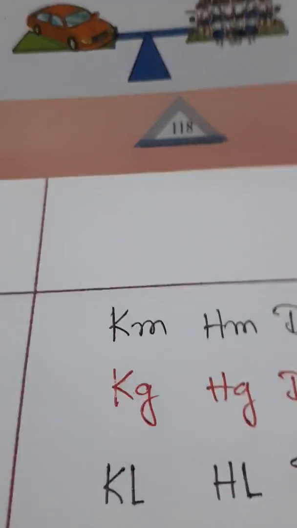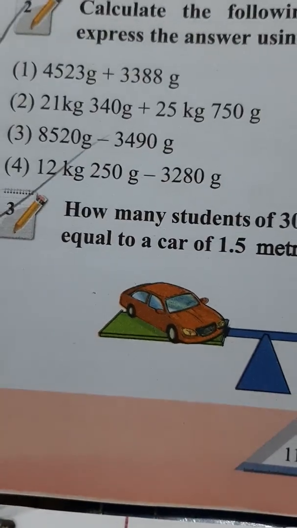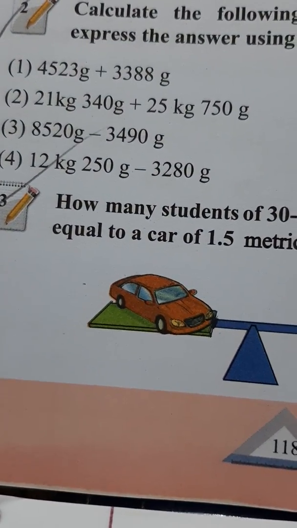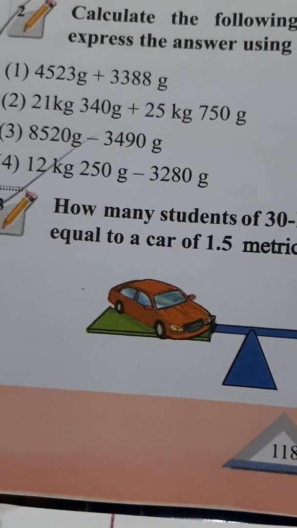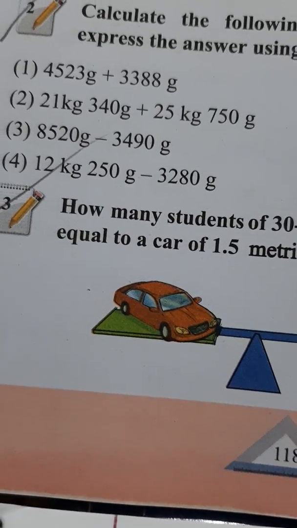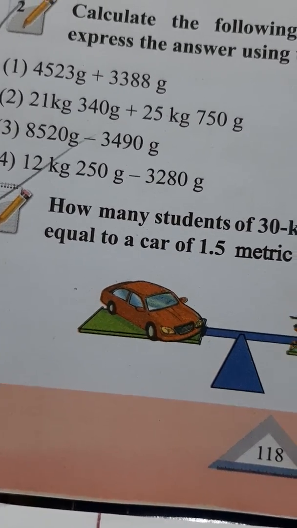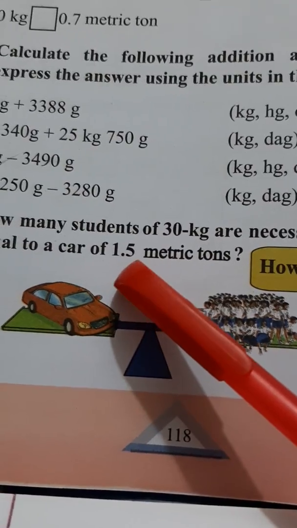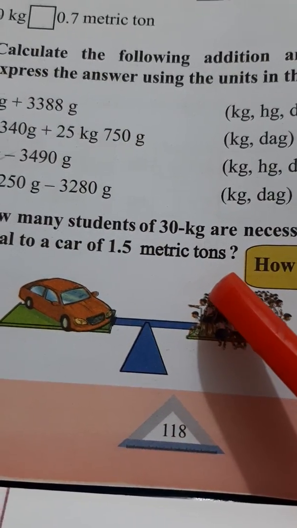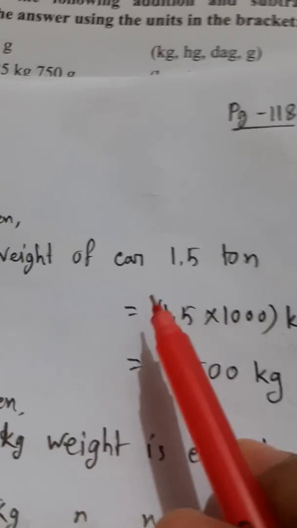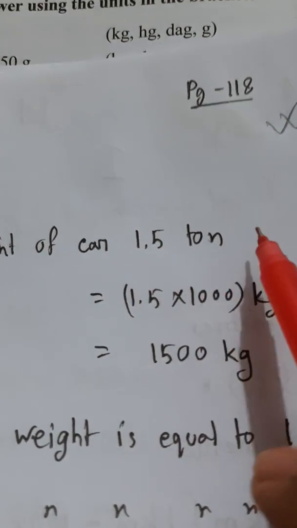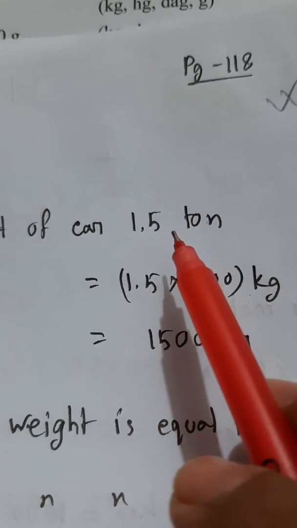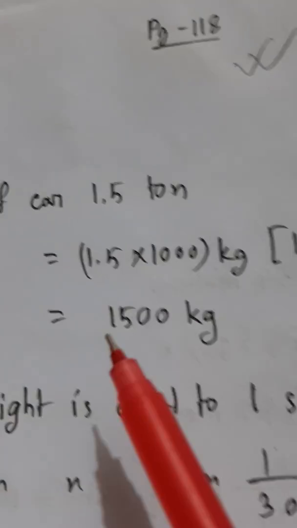Now question 3. How many students of 30 kg are necessary to make a weight equal to a car of 1.5 metric tons? Given the weight of a car is 1.5 metric tons.